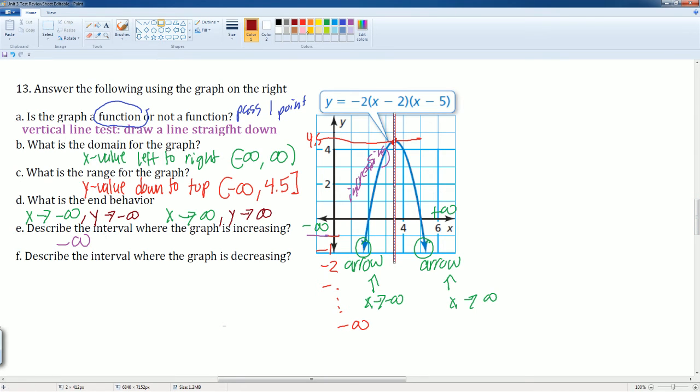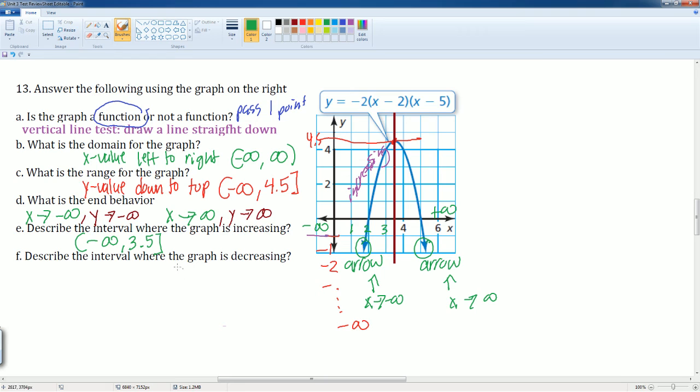Then it stopped here at the vertex, the x value. This looks like it's in the middle. This is 1, 2, 3, so it's 3.5. So it goes all the way to 3.5 and it stops. So it's open from negative infinity all the way to 3.5 and you close it.